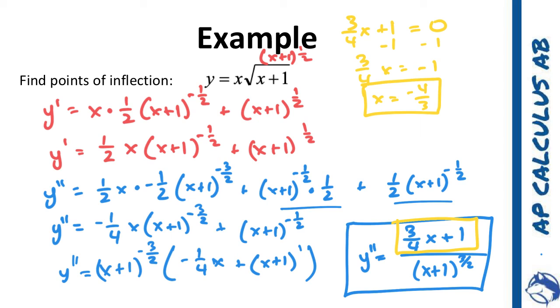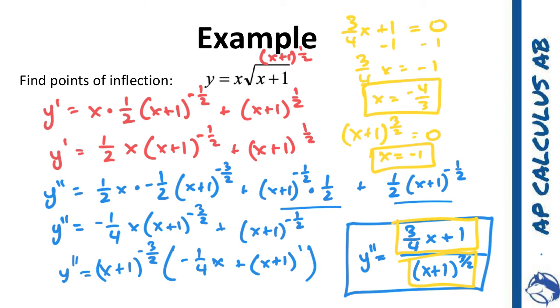And then another spot where it would occur is right here on the bottom. So if I look at the bottom here, that's where x plus 1 to the 3/2, I would have to set that equal to 0. And so for that, I can cube and square, and I would get x is equal to a negative 1 is another point of inflection.